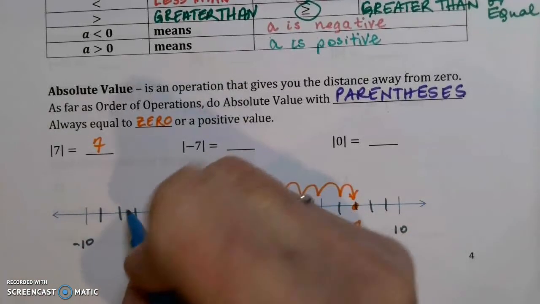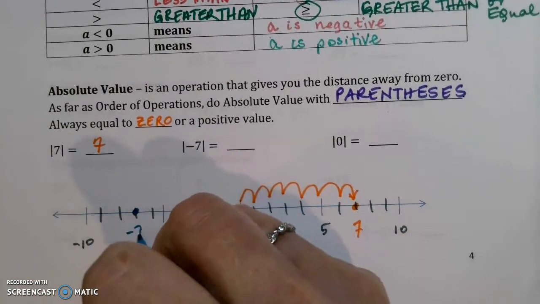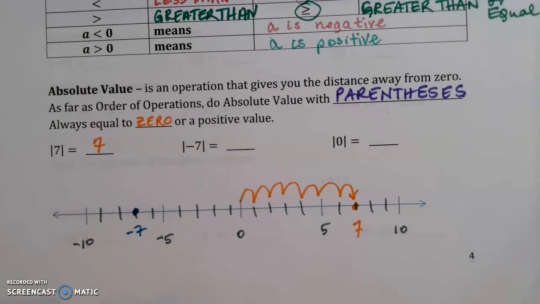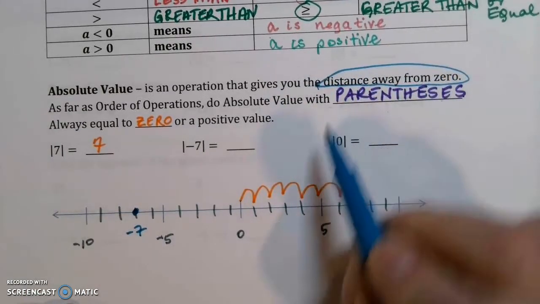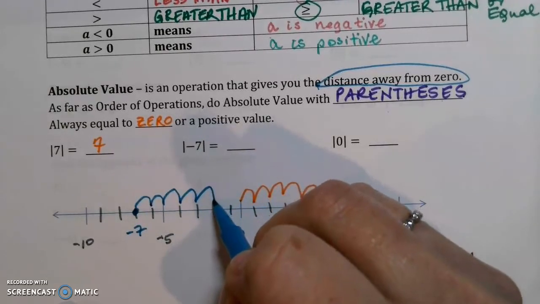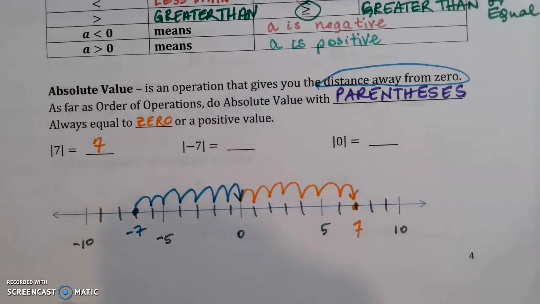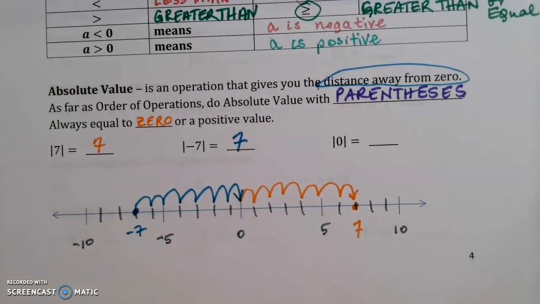If I look at -7 on my number line here, it'd be about there. There we go, -7. And again, I'm looking for my distance away from 0. So 1, 2, 3, 4, 5, 6, 7. It is also 7 spots away from 0. But notice it's positive because we're looking at just how many steps away from 0 we are.